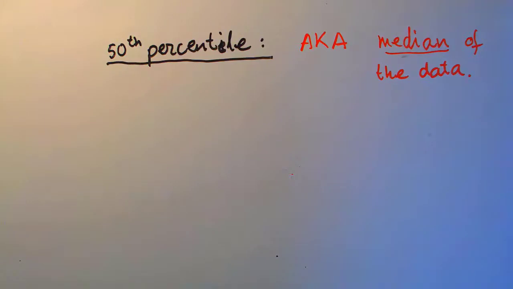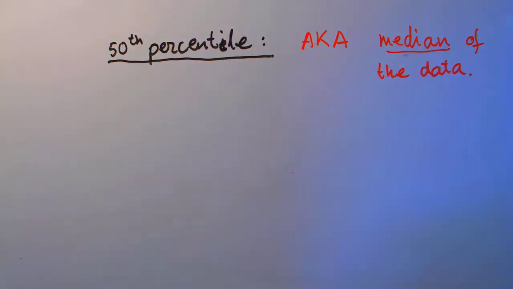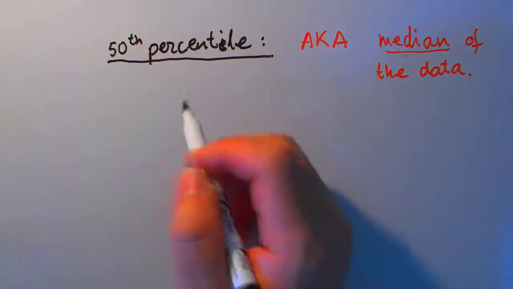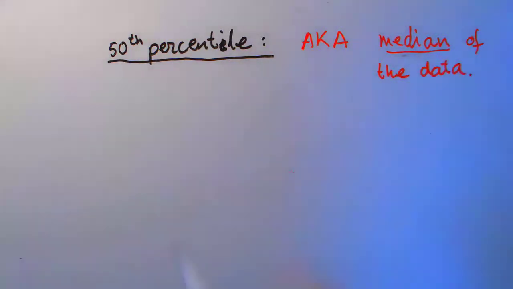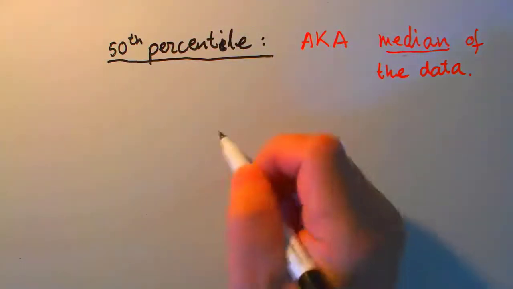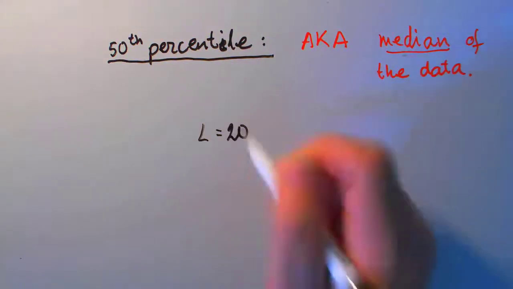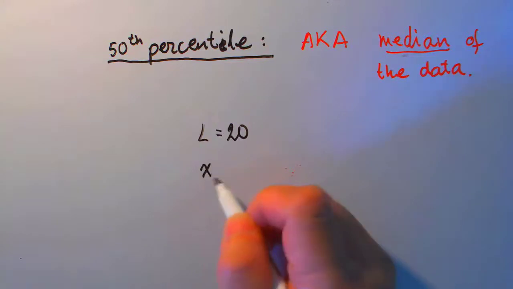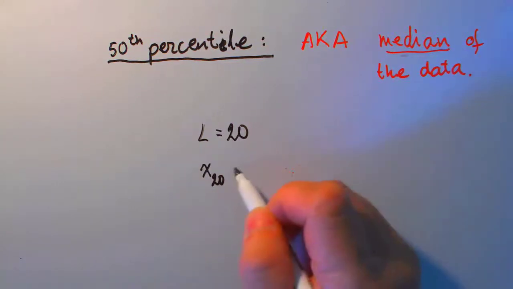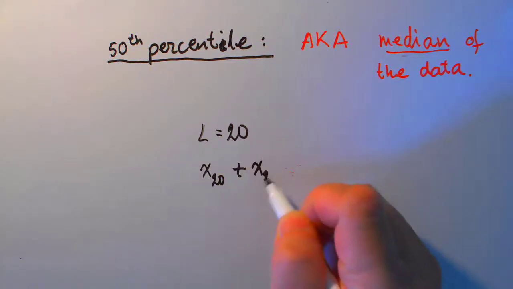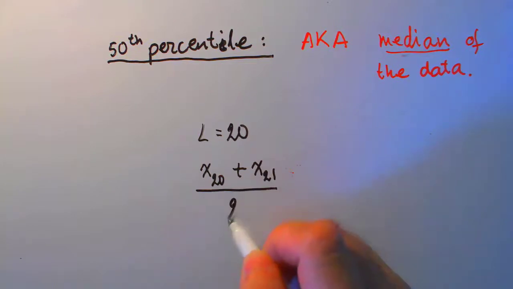And to quickly verify that with everybody, I can have you take a closer look back at the work where we found the 50th percentile. I'm sure you found your locator was 20. So what we did here was look for the 20th data value and the 21st data value, add up the two, and divide by 2.